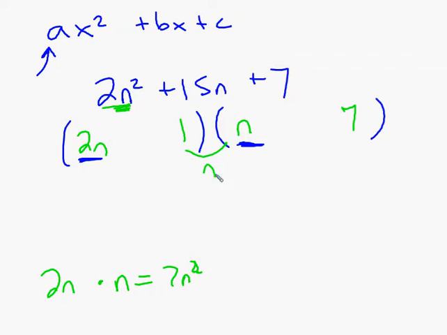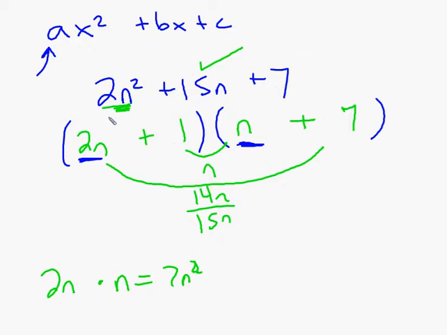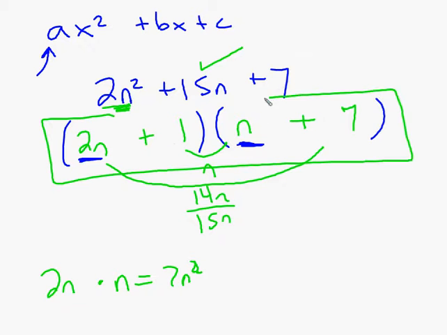I test that, n and 14n, and when I add them I get 15n, boom, and right here I have 7, so plus and plus. You see how I got that? Okay, go ahead and write that one down.